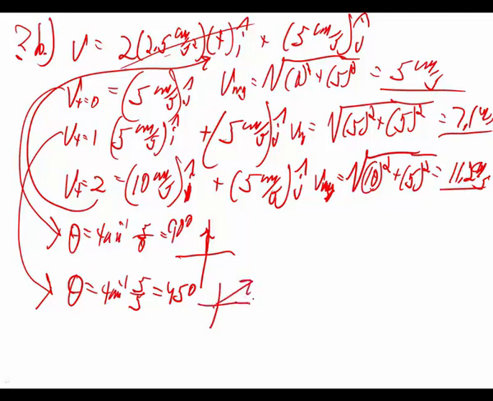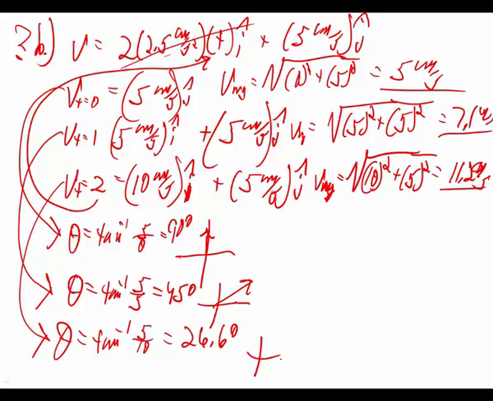And then the last one, arctan is what? 5 over 10? And what does that come to? 26.6 degrees? And so this one's going to look something like that. It's a little bit low, but anyway.